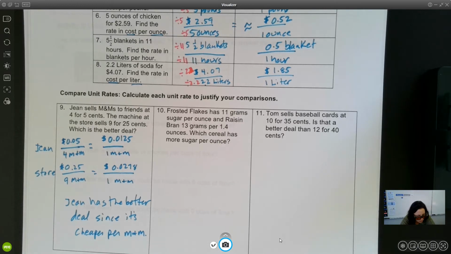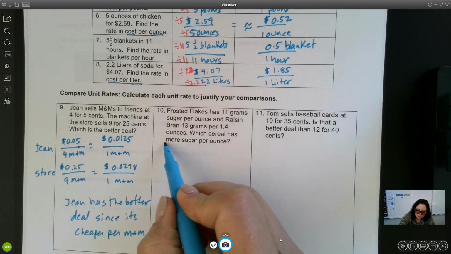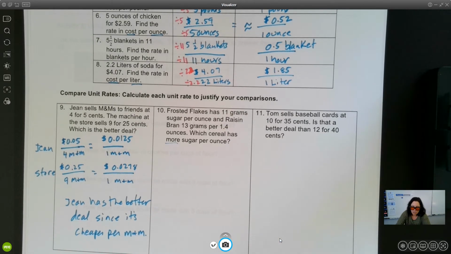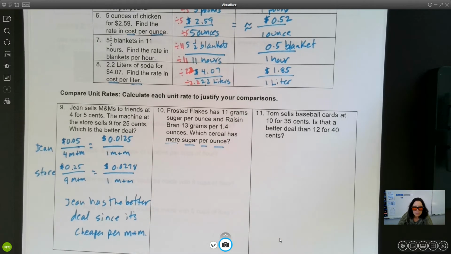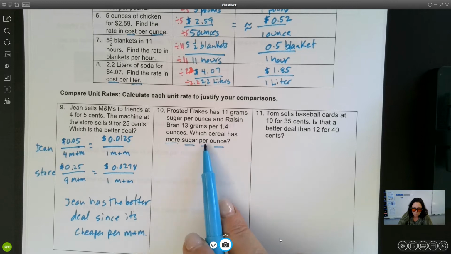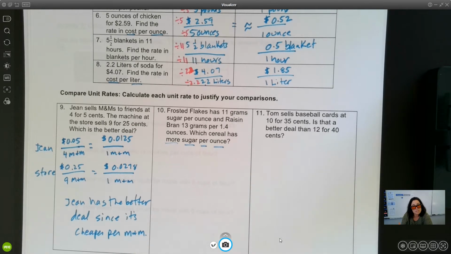Frosted Flakes, 11 grams of sugar per ounce. Raisin Bran, 13 grams of sugar per 1.4 ounces. Which cereal has more sugar per ounce? We're looking for more sugar per ounce. Notice that they tell you the way that they want the units to go. Sugar per ounce. So I'm going to set up sugar on the top, ounce on the bottom.